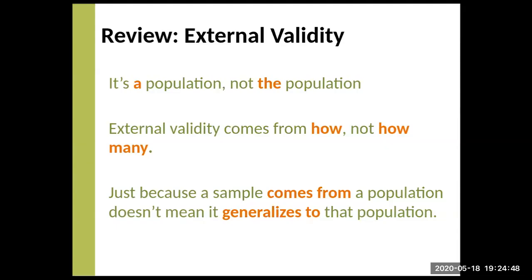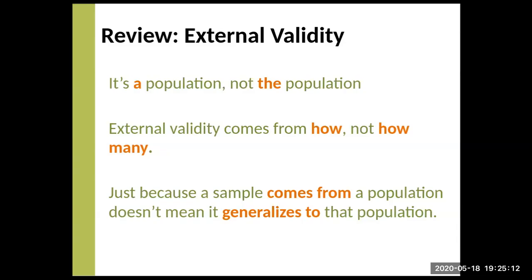So when we're looking to replicate to a population, not the population, remember that external validity comes from how, not how many. Although for statistical validity, you up your sample size and things like that. We also learned in chapter 8 that 50 people randomly sampled was better than a convenient sample of probably 200, right?